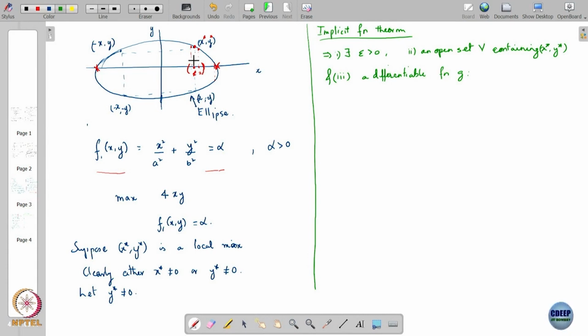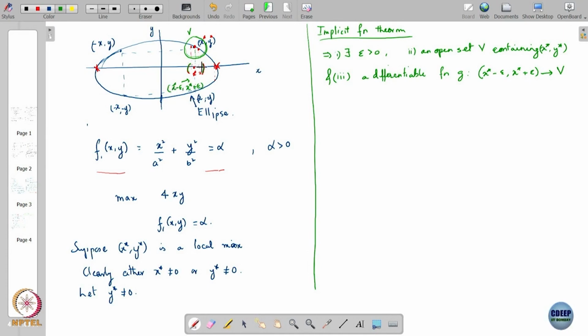So, there is a differentiable function g whose domain is like this. It is just x star minus epsilon to x star plus epsilon, mapping back to V. So, in this figure here, V is this open set, and x star plus minus epsilon is this set, x star minus epsilon to x star plus epsilon.